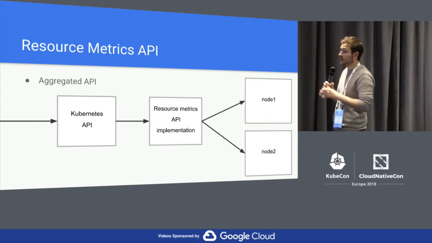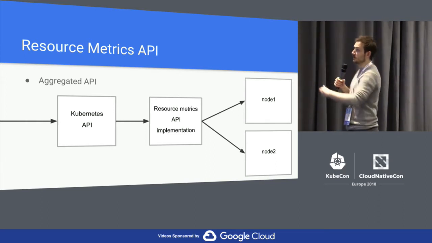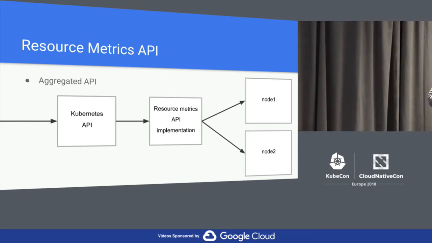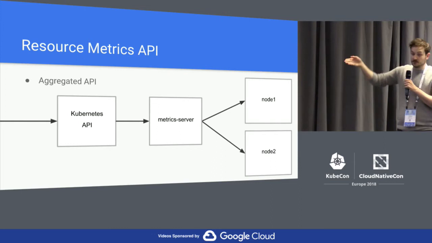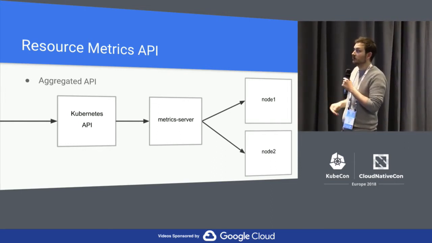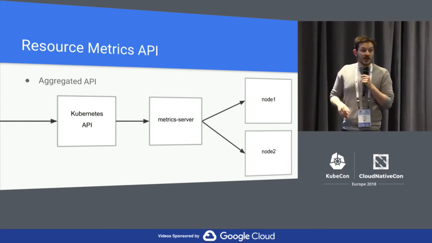And the implementation of the resource metrics API somehow needs to gather all of this information from the respective Kubernetes nodes. And so, as Piotr already mentioned, the metrics server is the canonical default implementation for this.